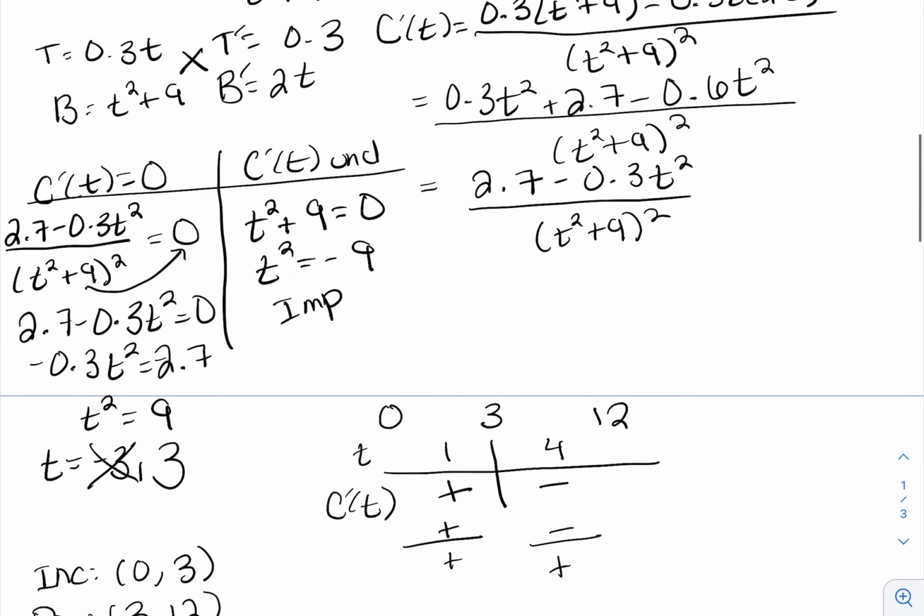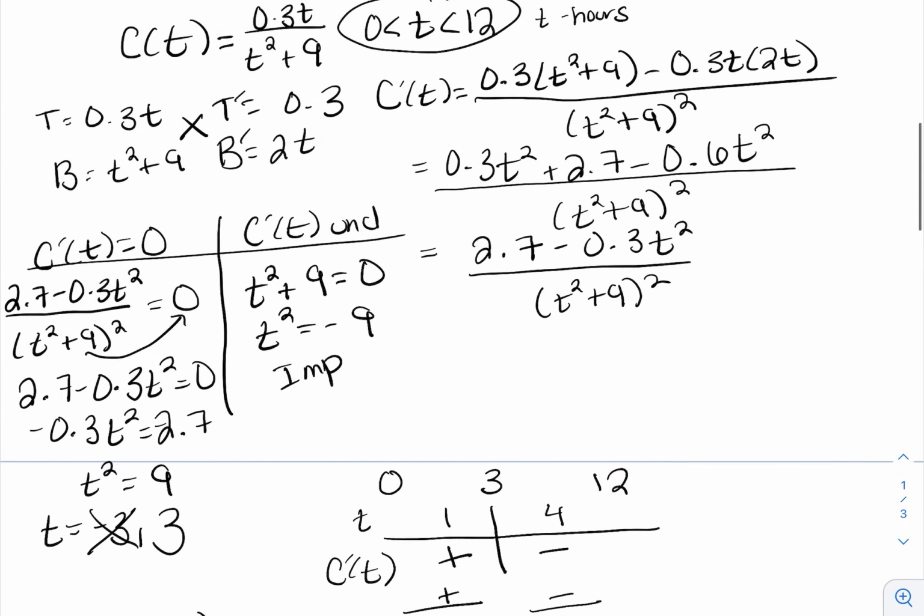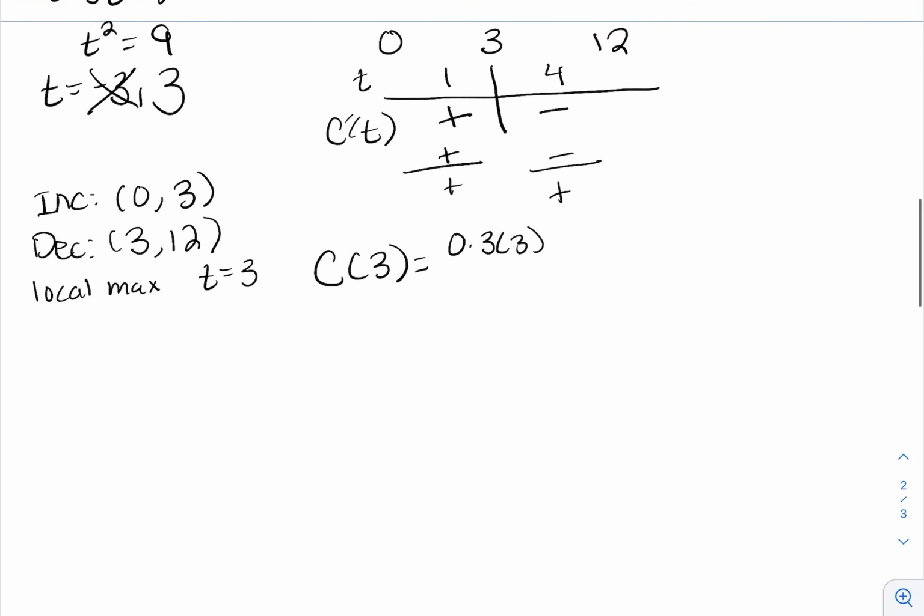So we need to do that from the original function. So 0.3 times 3, which will give us 0.9, over 3 squared, oops, 9 plus 9. So that's going to give us 0.9 over 18, which is going to give us 0.05.